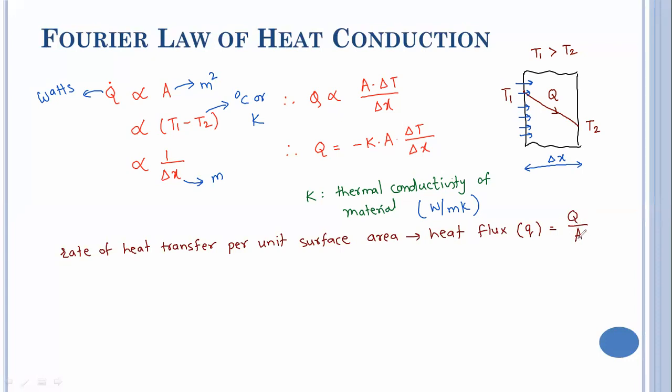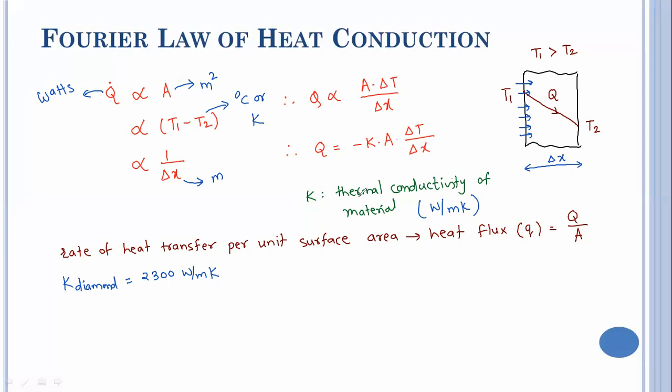Okay, so you must know the thermal conductivity of some important materials. For example, diamond has the highest thermal conductivity, which is 2300 watt per meter Kelvin. So basically what thermal conductivity shows is, if thermal conductivity is more, that means heat can easily flow through it.